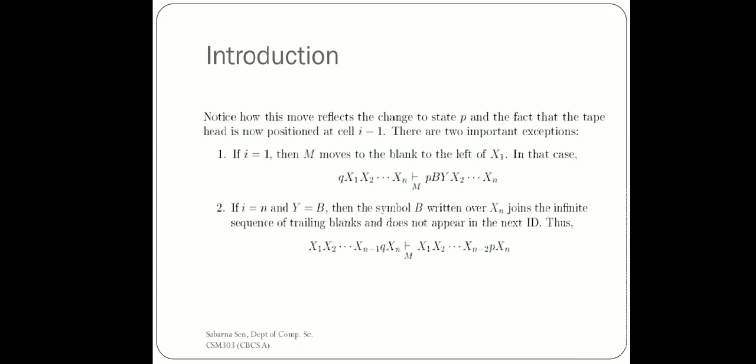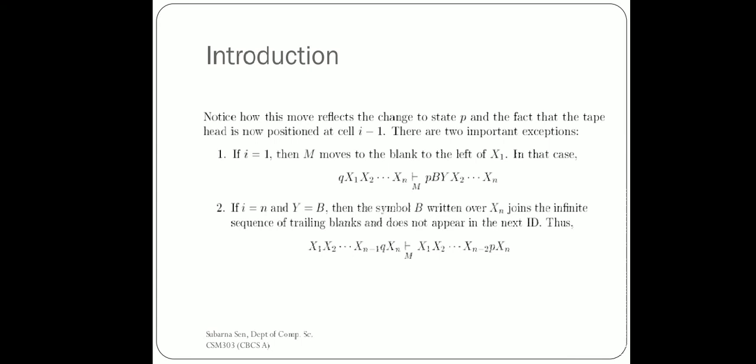Now if i equals n and y equals blank, what will happen? Q is scanning xn, meaning i equals n, so q is before xn. Since y equals blank, p will just be at the position of q.